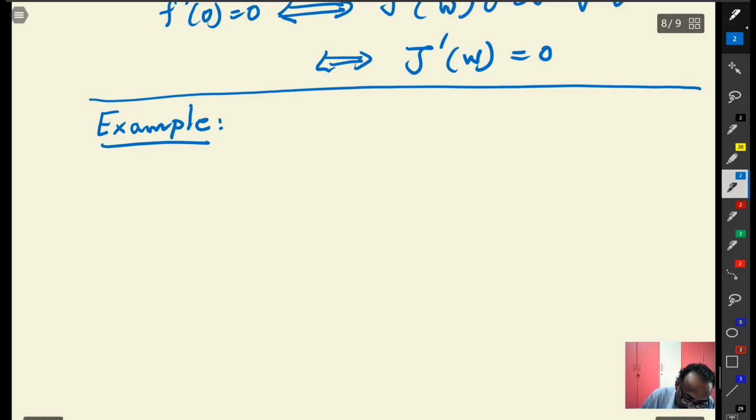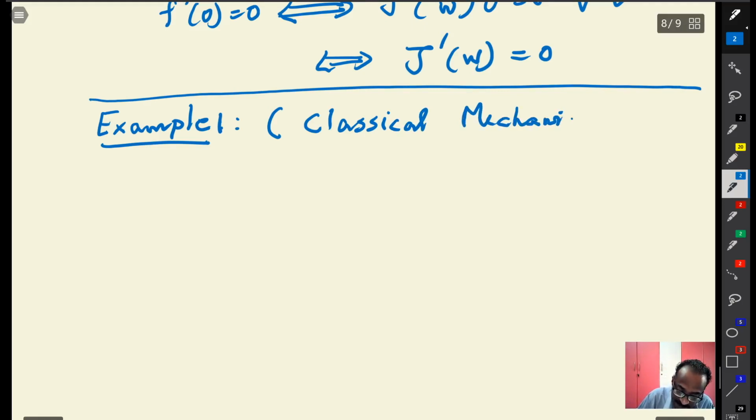The first example is from classical mechanics, the Newtonian mechanics. What we are doing is something more than Newton's law of motion. You have to understand that, so all the things available for Newtonian mechanics may not be available.